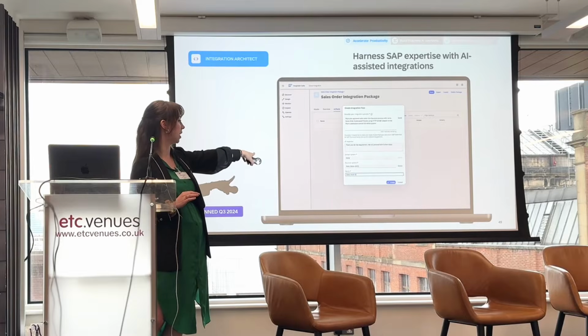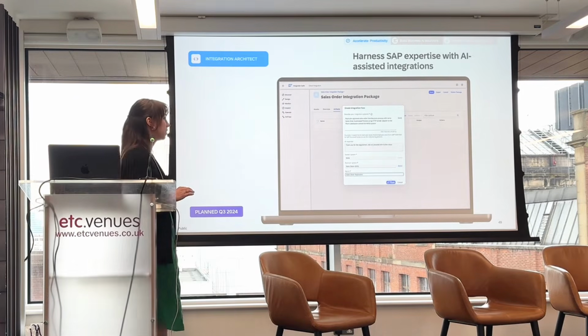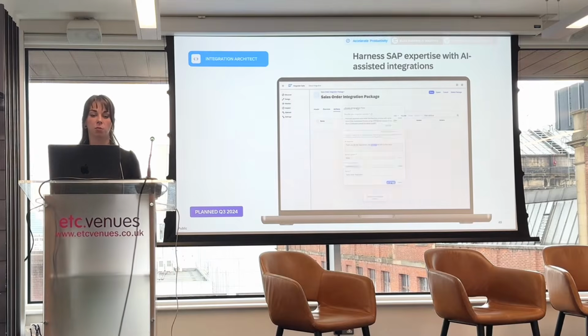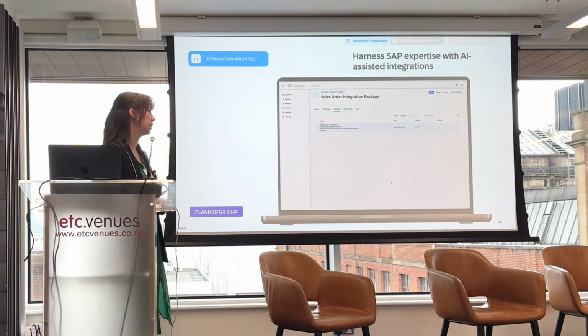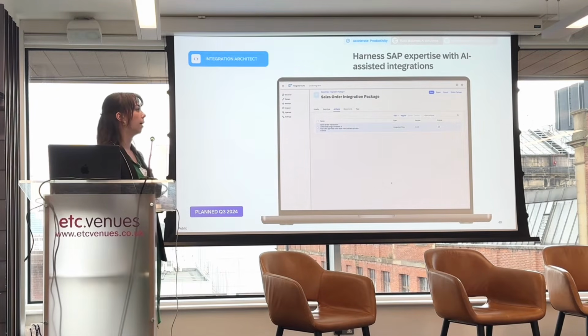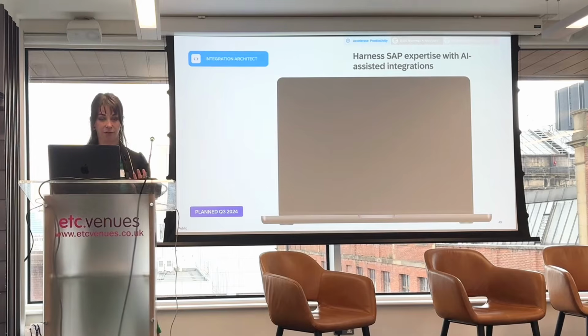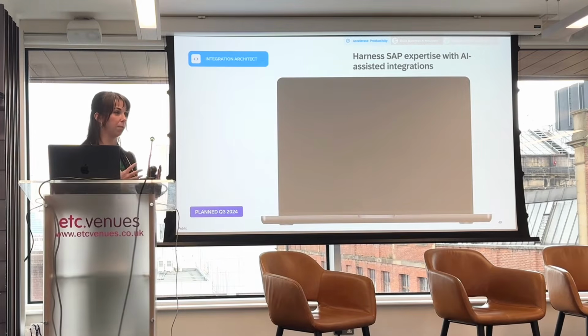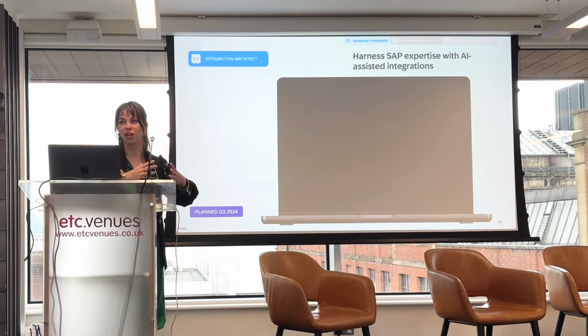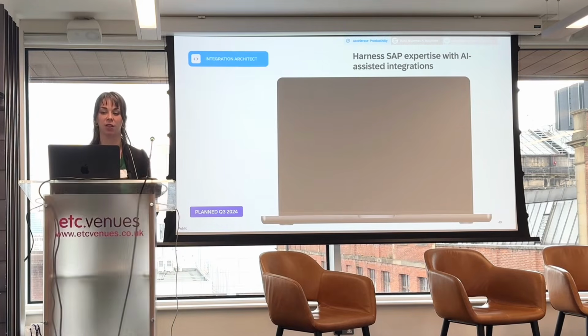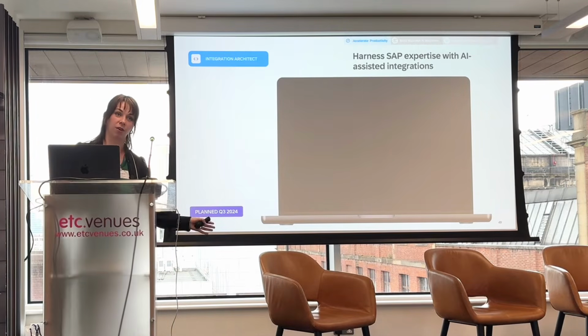You select what it should be called, which kind of receiver system and which kind of sender system it should be, and then it creates the integration for you, which you can see in the next step. Of course, it is something that you can leverage. It can help you as a baseline, but it will not create everything for you, right? But it can be a very good baseline.